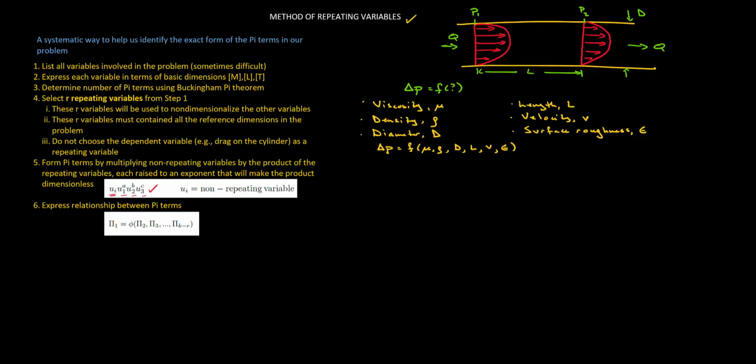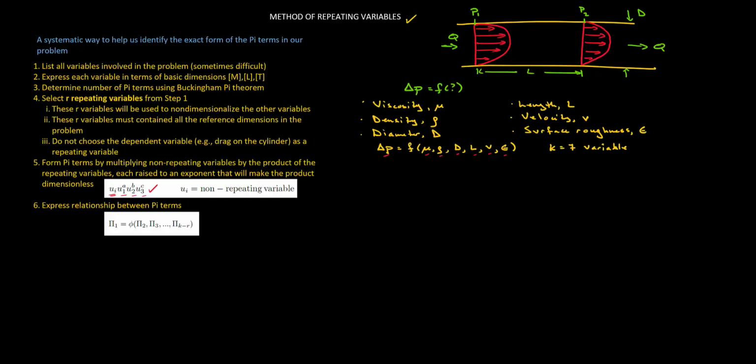So what do we have here? We have 1, 2, 3, 4, 5, 6, 7. So K is equal to 7 variables. Quite a big parameter space.